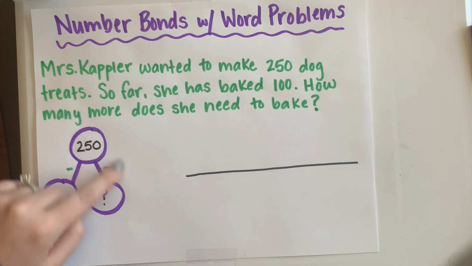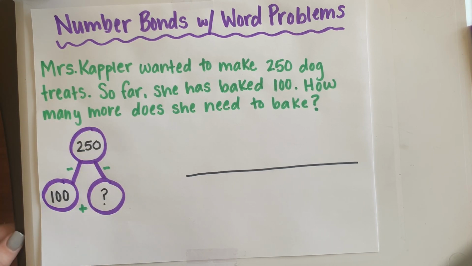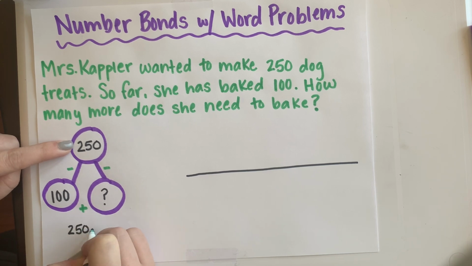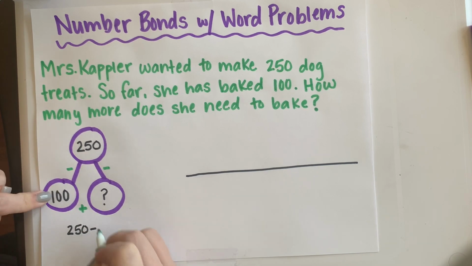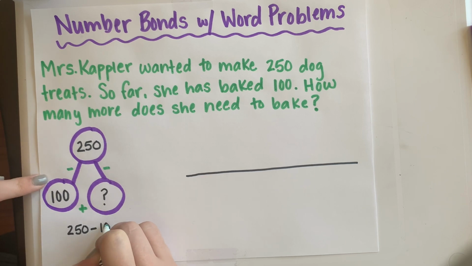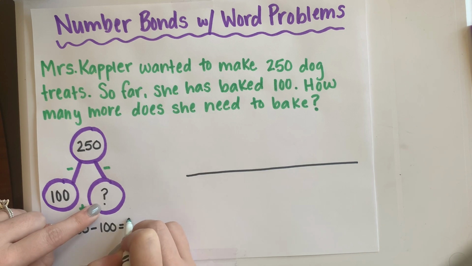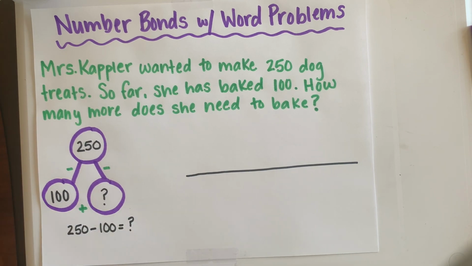So now I need to come up with different equations that I could use to solve this. Let's see, one I could do is 250 minus 100, okay, because there's that minus, equals always the other partner. Oh, I don't know that, so it would be a question mark. There's one way.